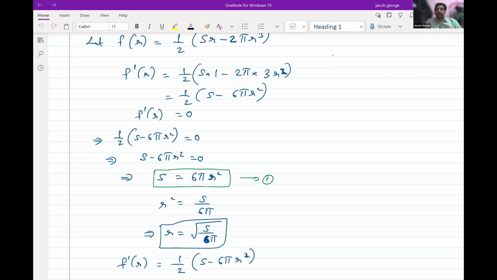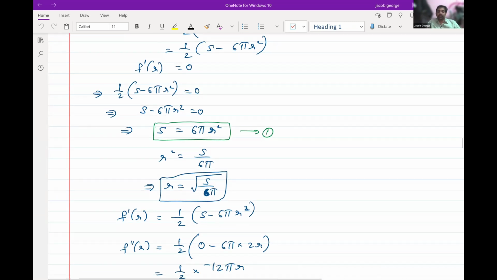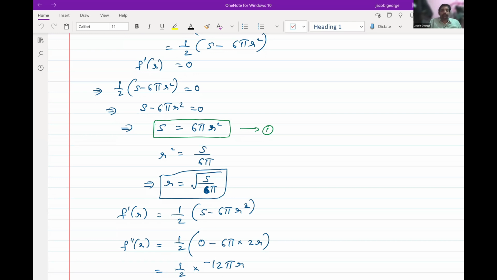Okay, children, so then we write f dash r and f double dash r, second derivative. Did you complete till the critical point? Then the second derivative, f double dash r is equal to half into 0 minus 6 pi into 2r. That is half into minus 12 pi r.